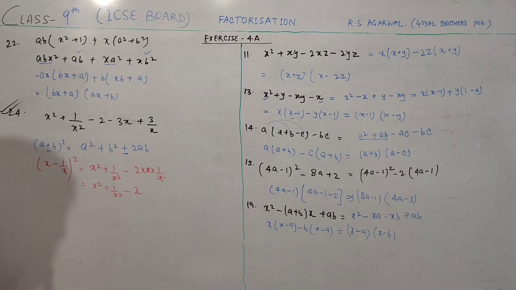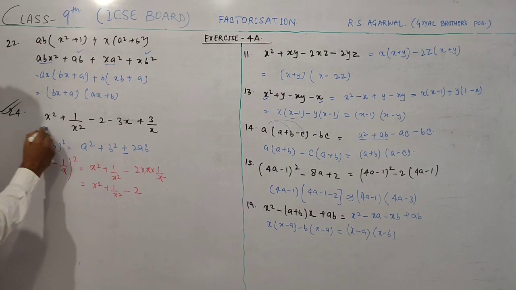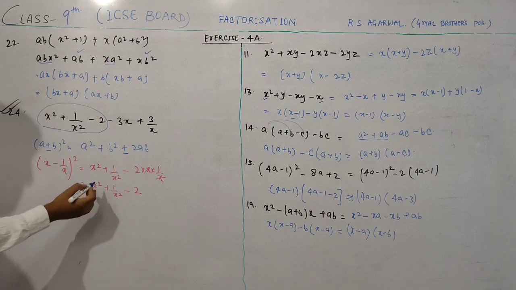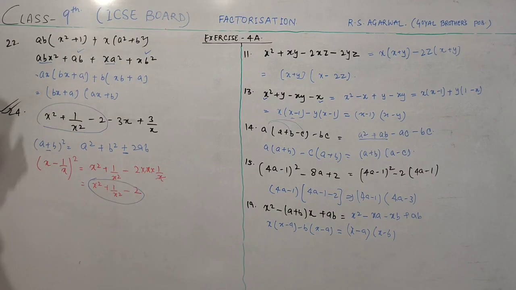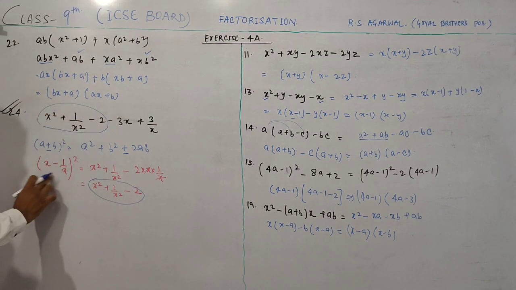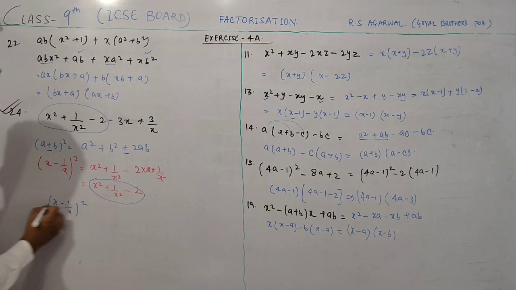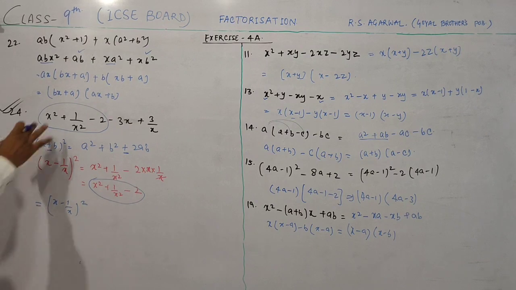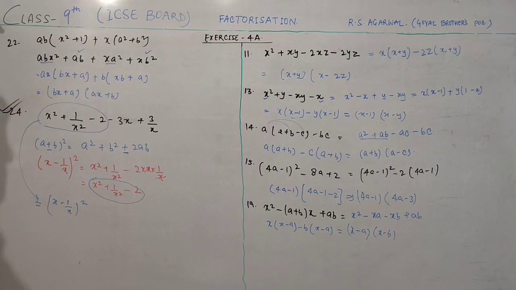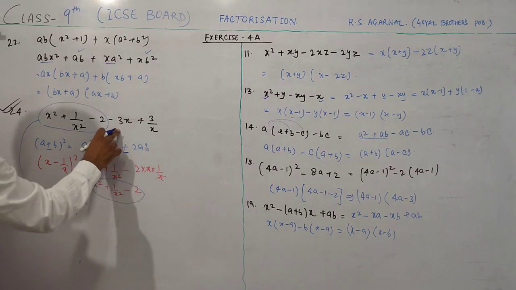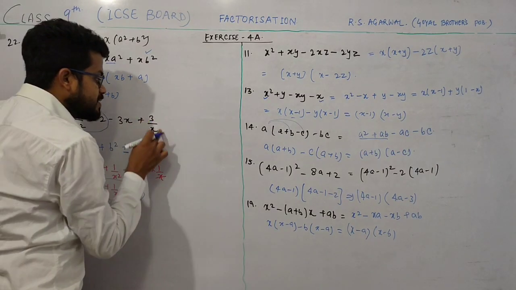Now look at this part of the question, which is similar to this. So in place of this, can I write x minus 1 by x whole square? Okay, in place of this, I write x minus 1 by x whole square. Here it is minus 3x plus 3 by x.